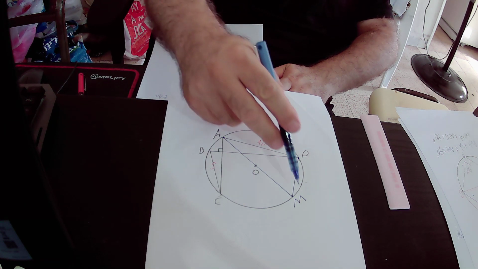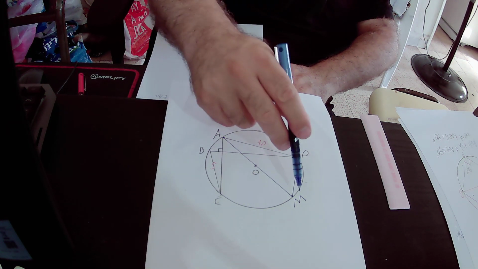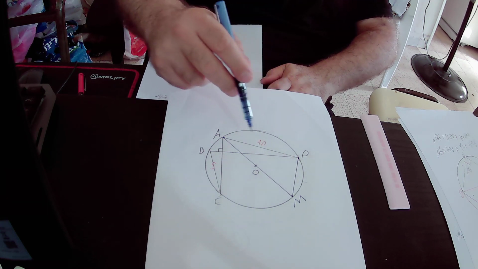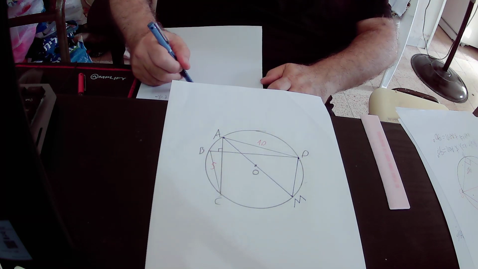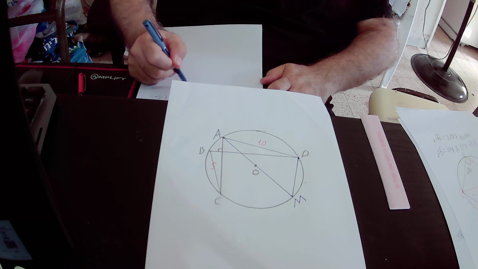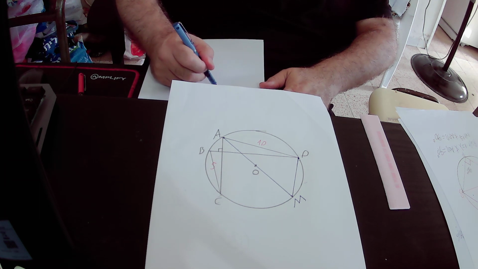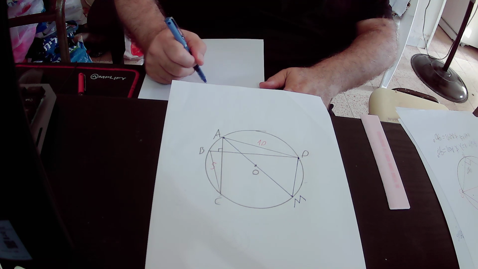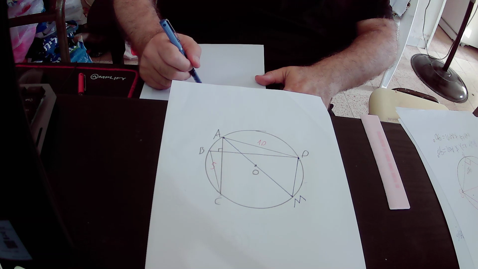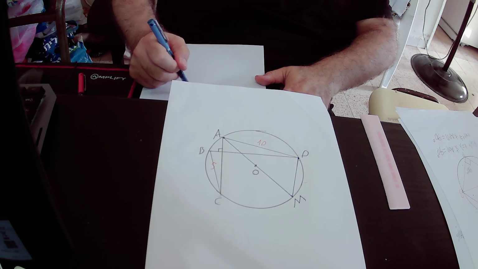That is to say, it rests on chord AM, that is the diameter of this circle. So according to rule number 1, it equals 90 degrees.